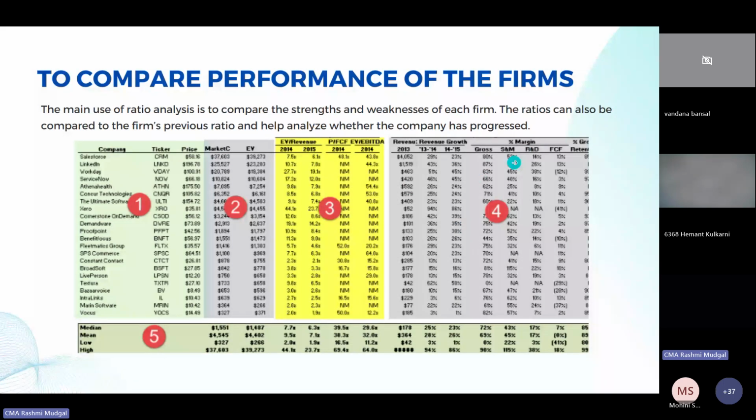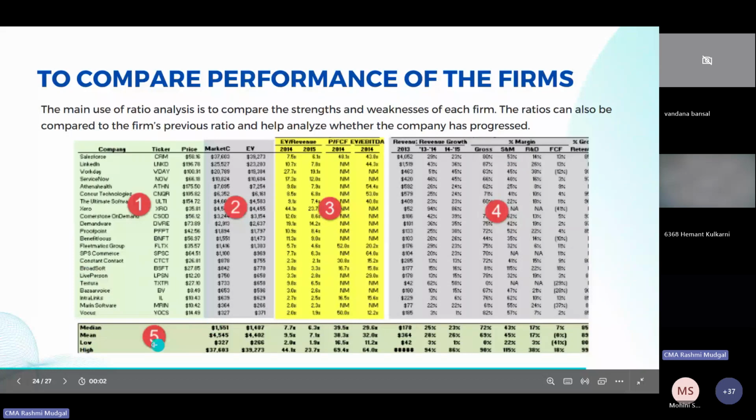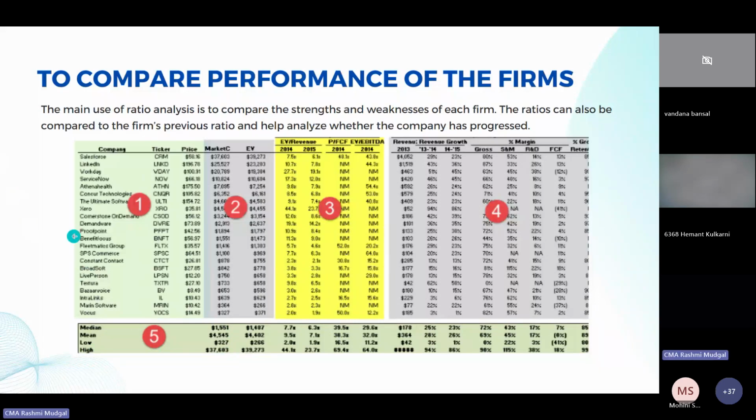So what I can see here is the median, mean, low, high, and what I can compare with whichever favorite company I am working with. Okay, so there could be one company which is giving you a good earning yield, but there could be a possibility their gross profit margin ratio is less. So how are they getting this profit? There could be a possibility that they are getting profit by selling their assets.